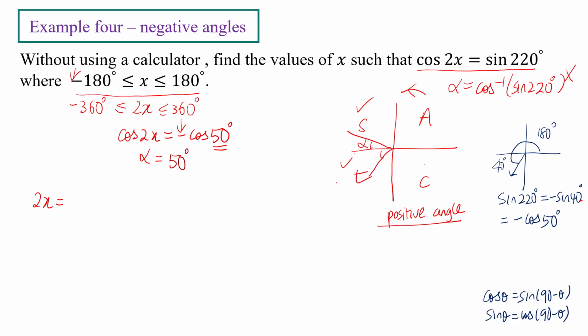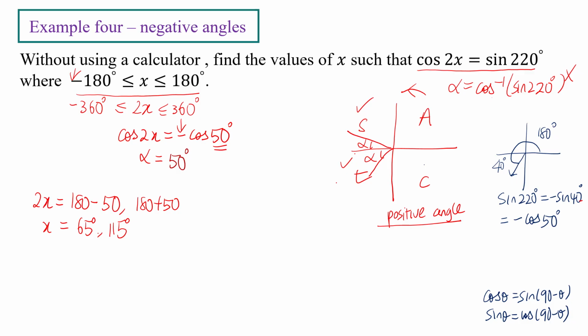This is your alpha. So your first value will be 180 minus 50, and then from the third quadrant will be 180 plus 50. So from here, you get x equals 65 degrees, 115 degrees. All right, that's it. We just need to do between 0 to 360, just one round.